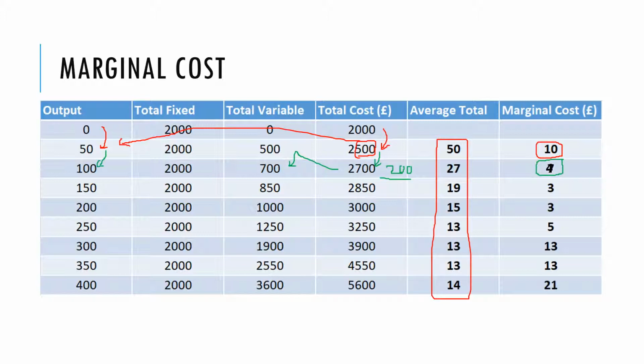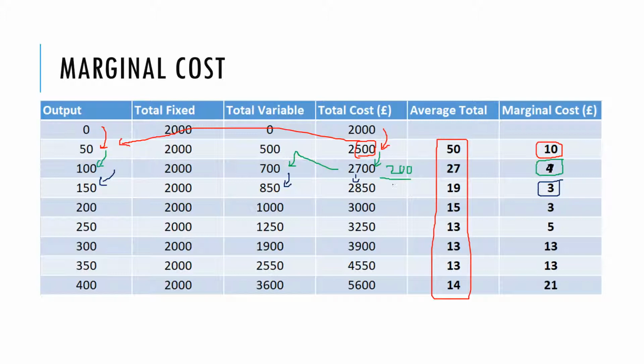Again, next time, when we go up another 50 units from 100 to 150, we've added on 150 to the cost, and we can see that again is just the increase in variable cost. Only increases in variable cost will have an impact on the marginal cost. The marginal cost is directly related to the increase in the variable costs.